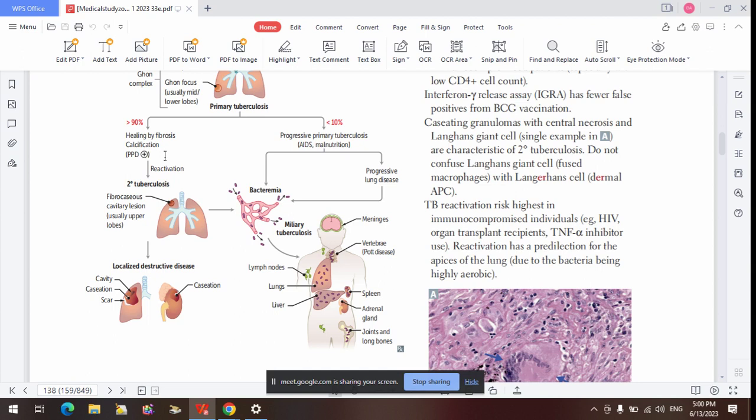Now, that latent one can get activated again, either by you introducing another new infection or the one that is already there fires again, becomes reactivated. So both of them will eventually cause secondary tuberculosis. This is not the first time, this is the second time of the infection. Either you are introducing another organism, or you are reactivating the one that was initially dormant.